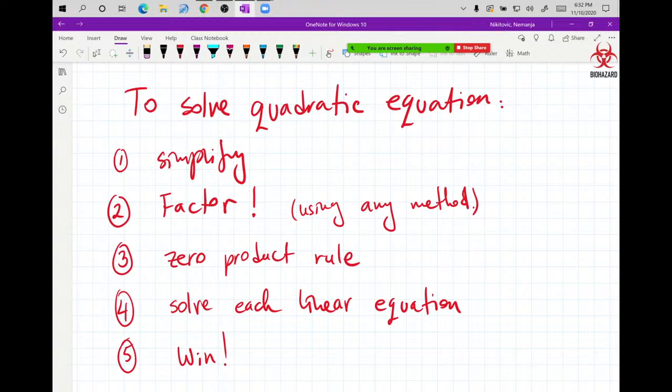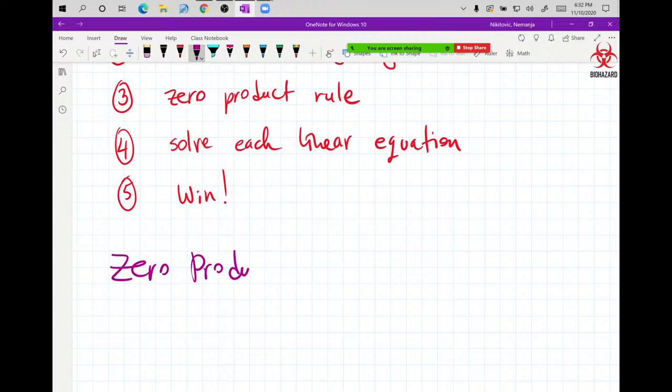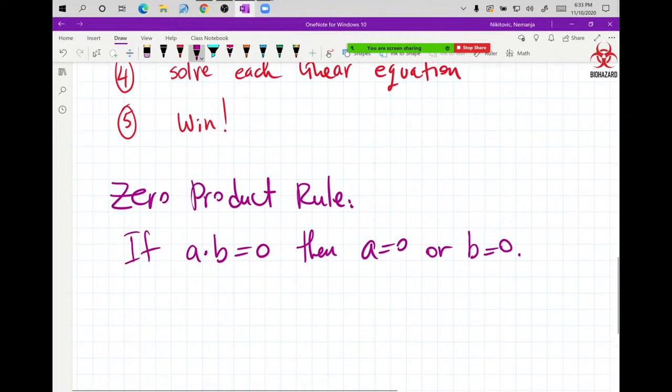And this is what I want to now write here: what is the zero product rule. So if A times B equals 0, then A equals 0 or B equals 0. That's all it is.